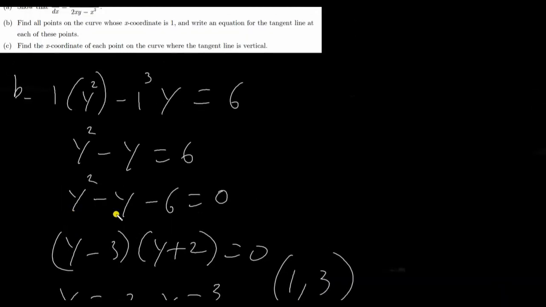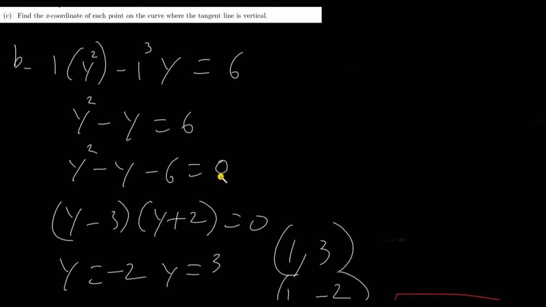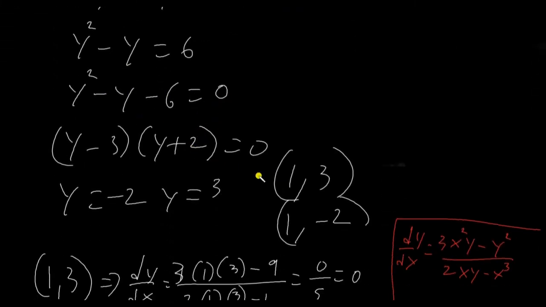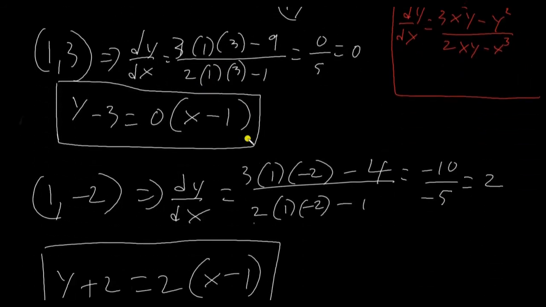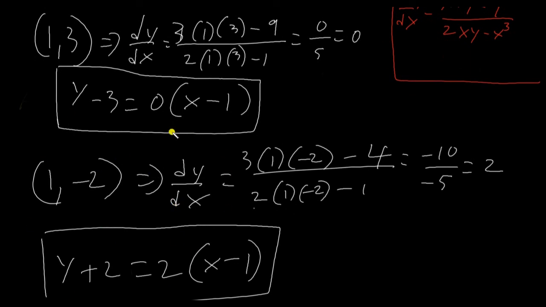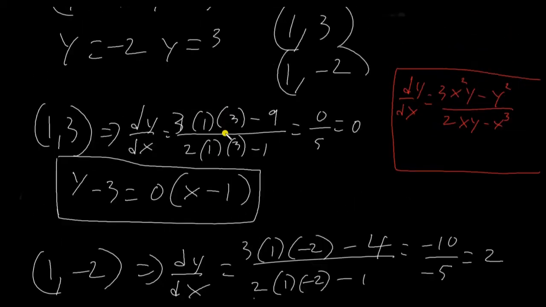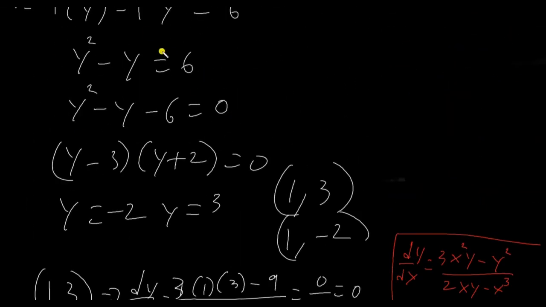You'd get 1 point for writing an equation in terms of y. You get a second point for solving for y correctly and getting negative 2 and 3. And then the scoring guideline says you get 2 points for the equations. I'm not exactly sure if it's 1 per or just 2 for both of these combined, but either way, you get 2 for these, 2 for the first part, and that's a total of 4 points.